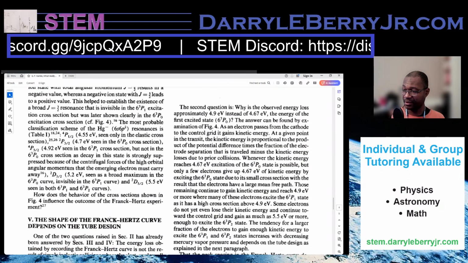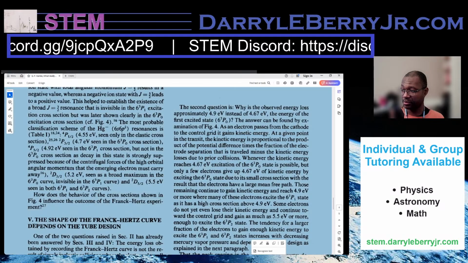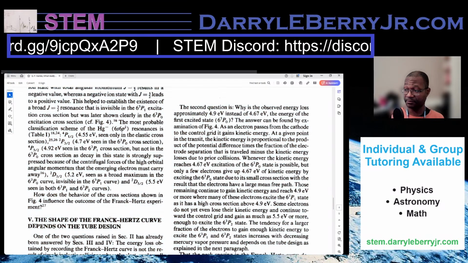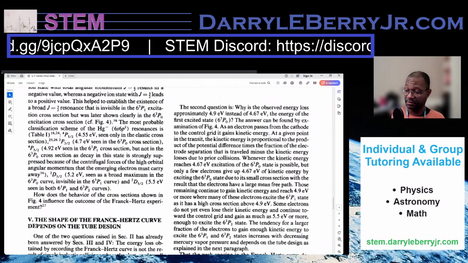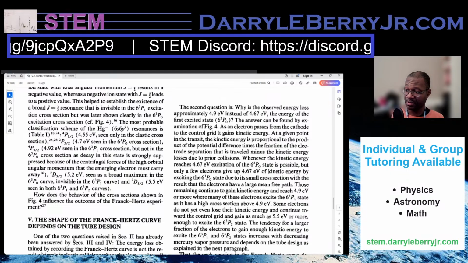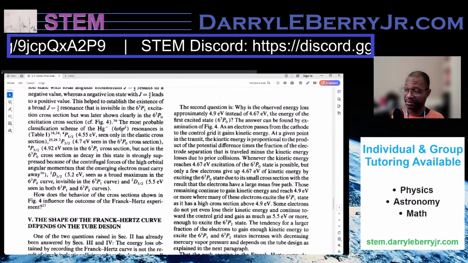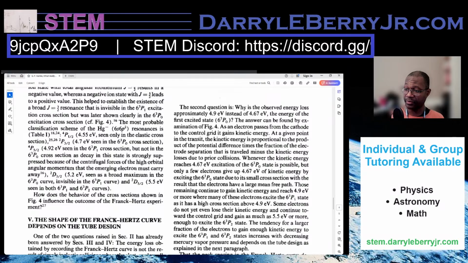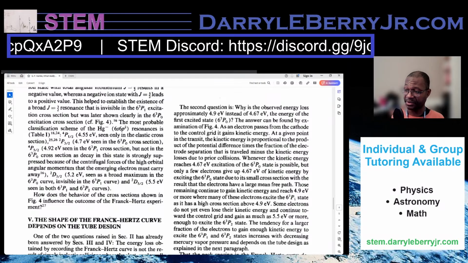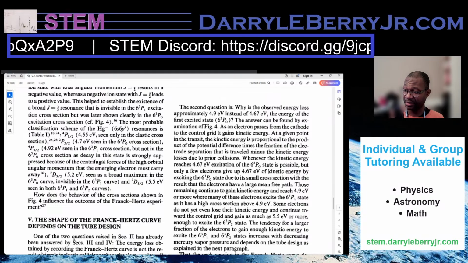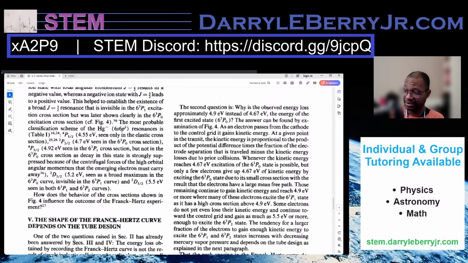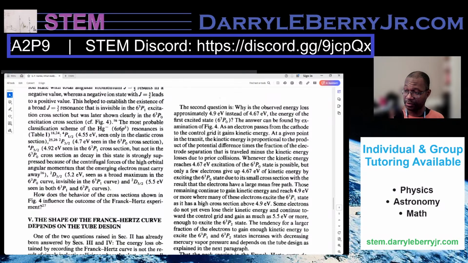At a given point in the transit, the kinetic energy is proportional to the product of the potential difference times the fraction of the electrode separation that is traveled, minus the kinetic energy losses due to prior collisions.